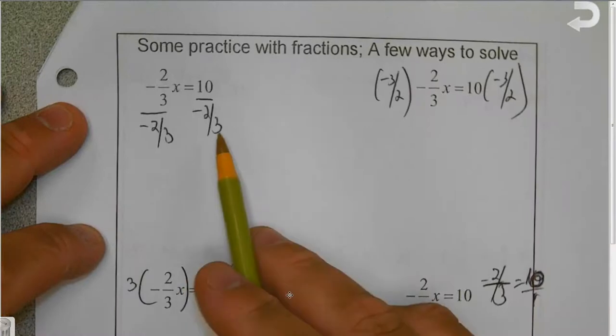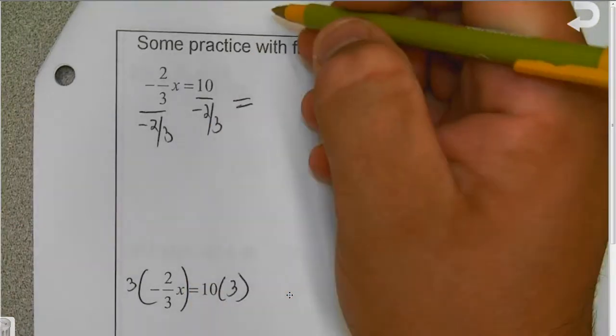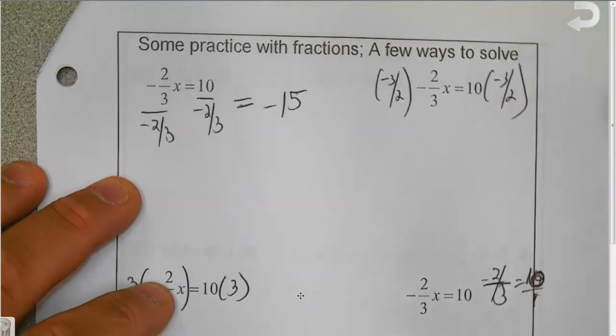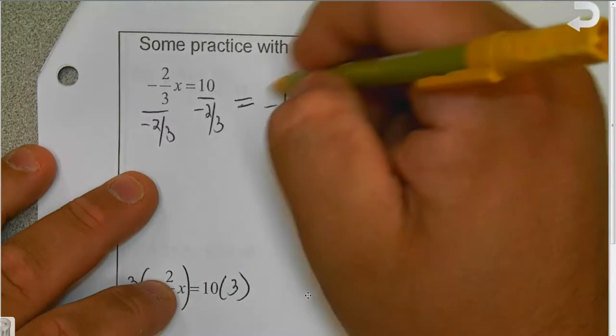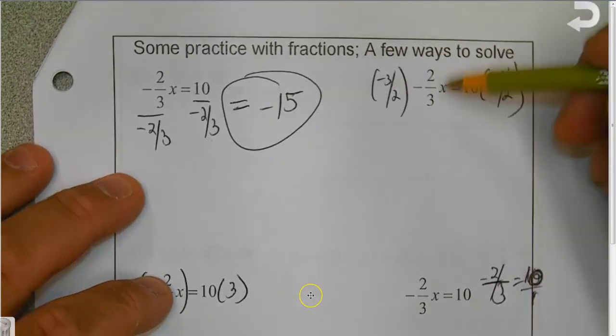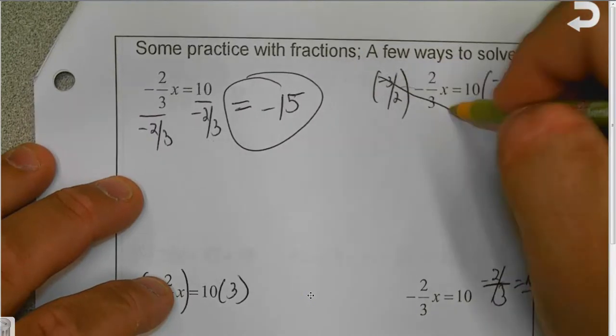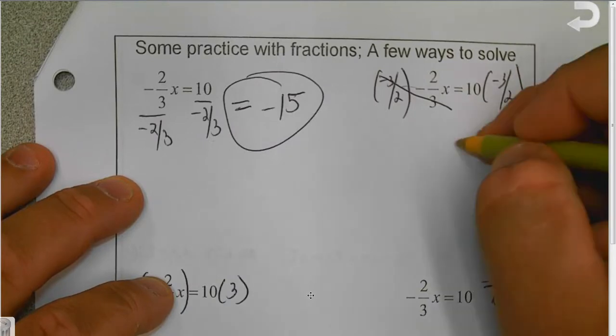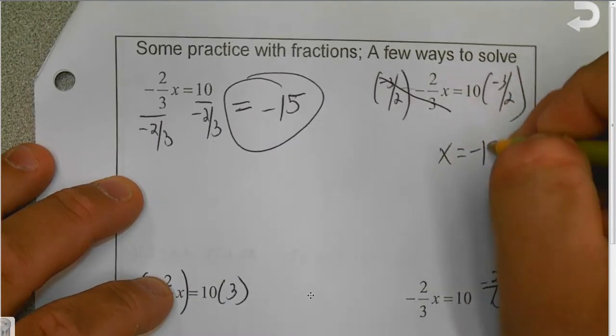Alright, so when I do 10 divided by negative 2/3 in the calculator, I get negative 15. Okay? So when I do the rest of these, I should get negative 15, but let's double check. When I multiply these two together, I get 1. When I do 10 times negative 3/2 in the calculator, I get negative 15.